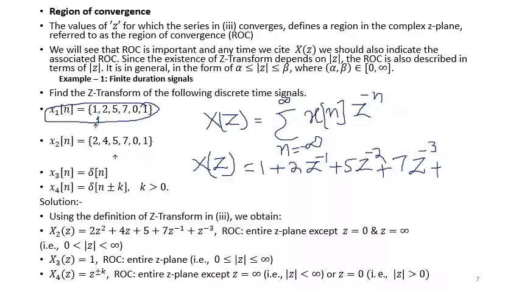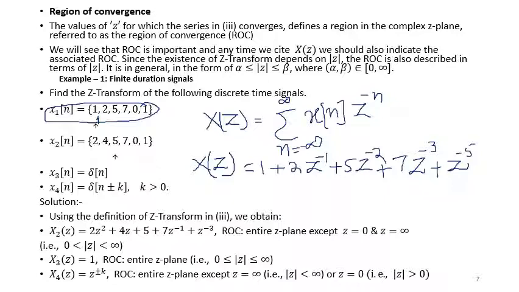Then we have 1, so what position is this one? This is position number 5, right? So this position number 5 means at n equals 5, so I write 1, no need to write 1, straight away write z to the power minus 5, right? So I hope you understand, you can do it in a similar way.